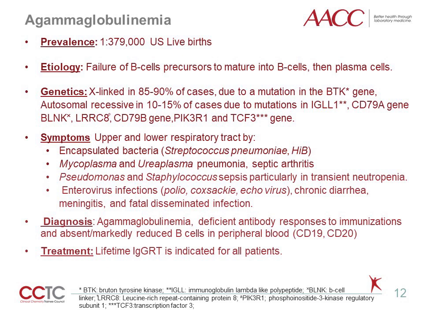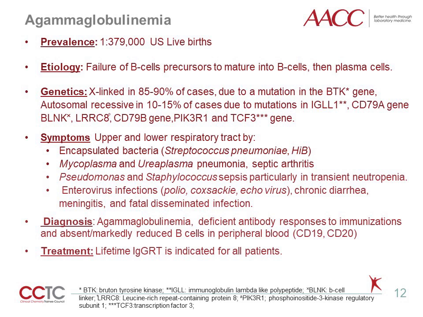Or it could be autosomal recessive due to variation in genes such as IGLL1, CD79A, BLNK, LRRC8, CD79B, PIK3R1, and TCF3. All those together make up about 10 to 15% of the cases.